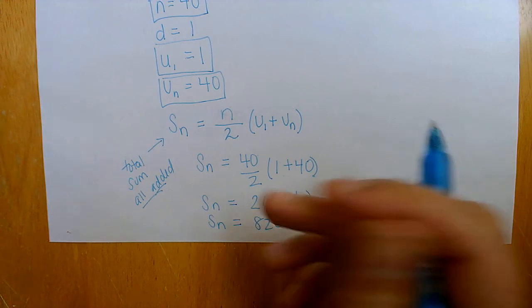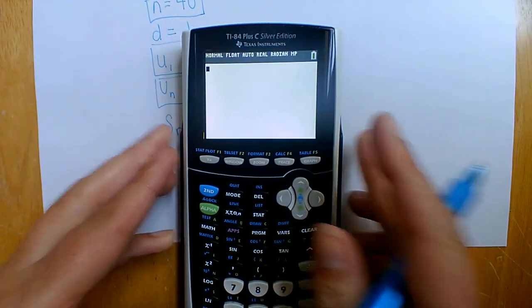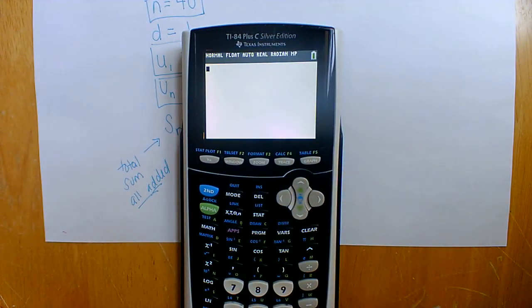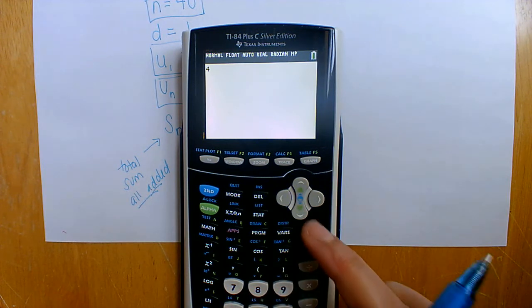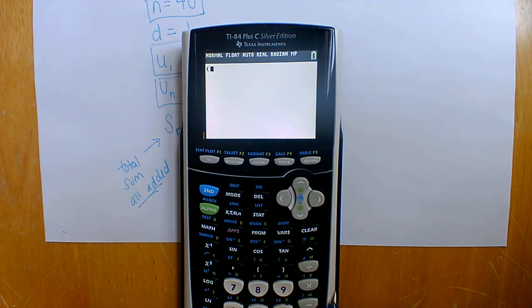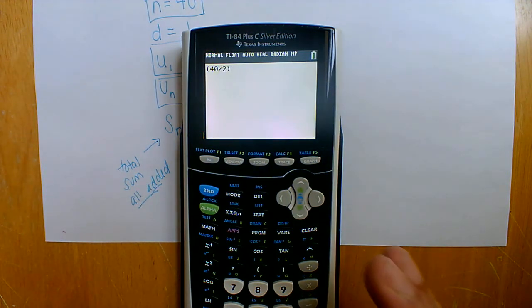Now, on the calculator, you can do parentheses, 40 divided by 2, close parentheses, keep the fraction together, then times, parentheses, 1 plus 40, and you can do it all in one line. You don't have to use order of operations right here. What you do need to use are parentheses, and we get 820.